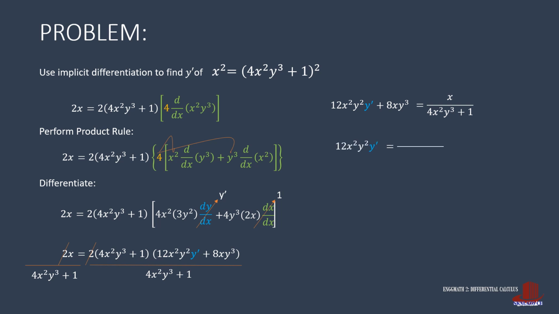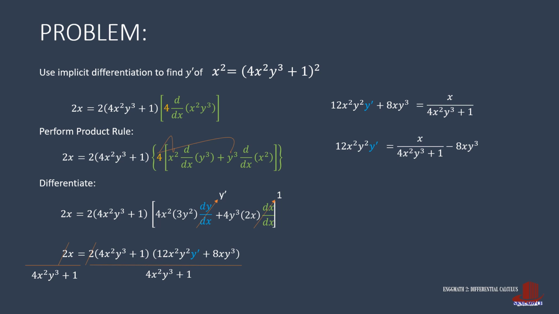Transpose the other term to the right to completely isolate the term with y prime, and have 12x squared y prime equals x over 4x squared y cubed plus 1 minus 8x y cubed.